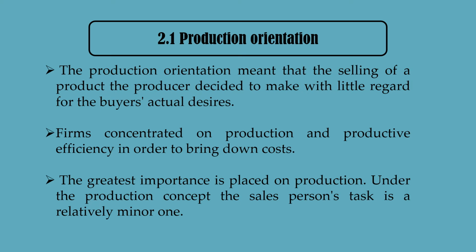The production orientation refers to the selling of products that the producer decided to make with little regard for the buyer's actual desire. Firms, in this case, concentrated on production and productive efficiency in order to bring down costs and maximize profitability.